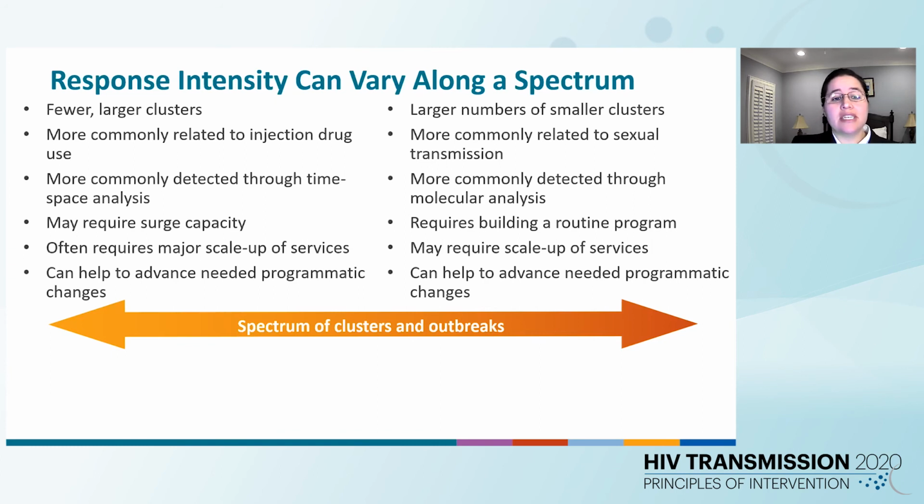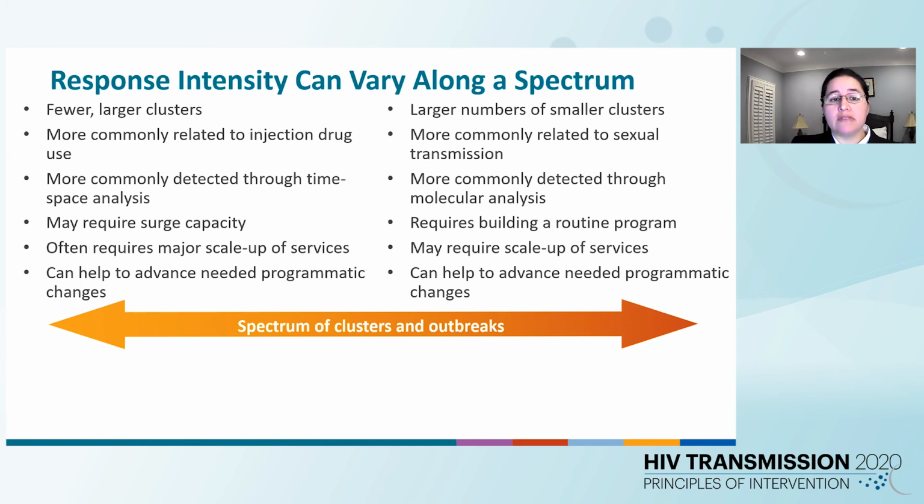For example, we typically detect approximately 100 molecular and time-space clusters of concern each year. These clusters are commonly related to sexual transmission and more commonly detected through molecular analysis. Responding to these clusters, particularly for moderate and high morbidity jurisdictions, requires building and staffing a routine program to manage multiple clusters that might be occurring at any one time.